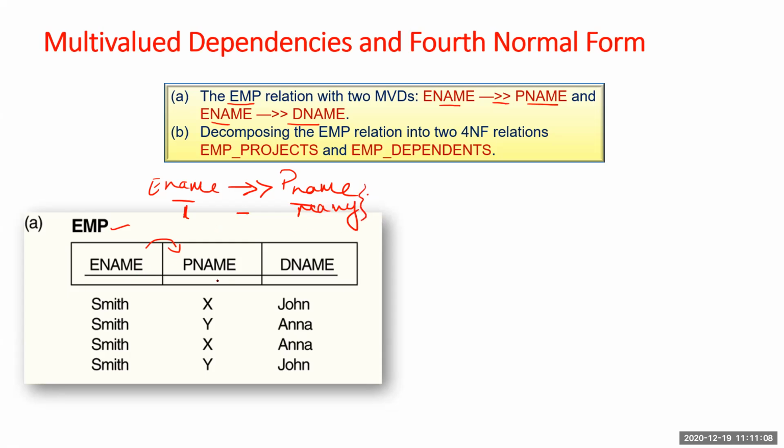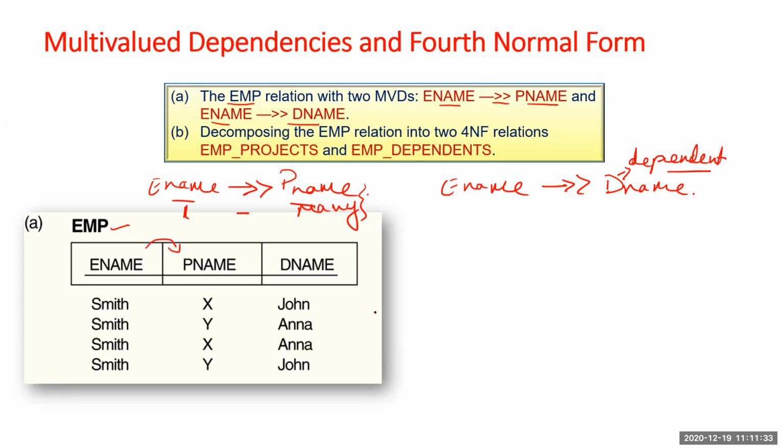In the same way, take ename multi-determines dname. That means one employee can have more than one dependent. This D is not the department name, it is the dependent name.